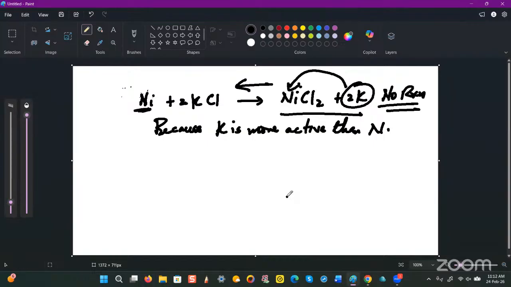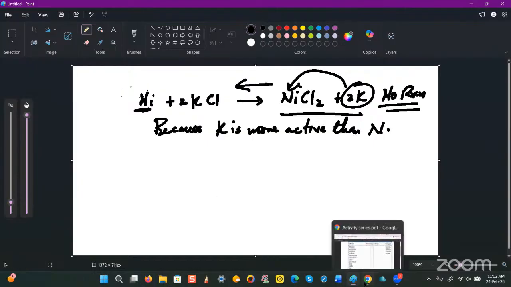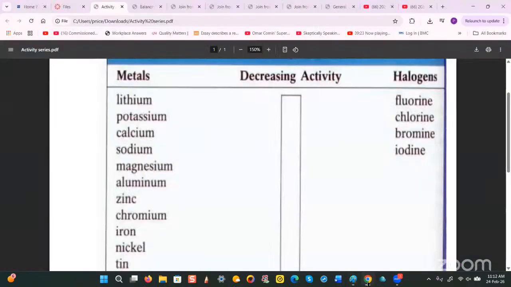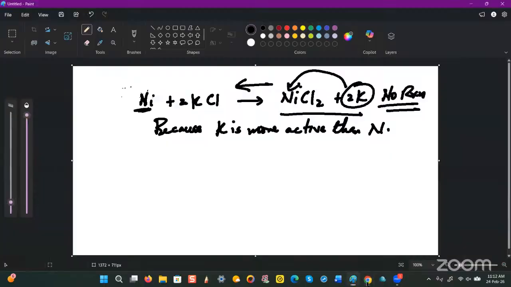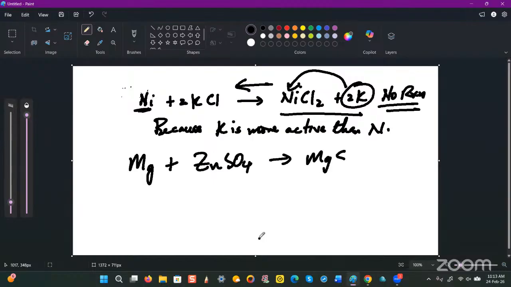Let me give another example. Let's say you're given magnesium plus zinc sulfate to give magnesium sulfate and zinc.